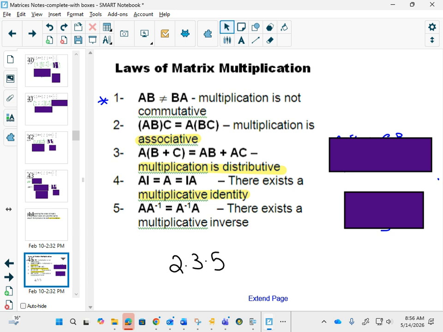Or you could do the 3 times 5 first and get 15, and then times 2 and get 30. And in regular numbers, you could even do the 5 times 2 first and get 10, and then multiply by 3. But in matrices, you would not be able to do the C times A first and then the B last, because that would be rearranging, and switching things around and rearranging is not allowed.